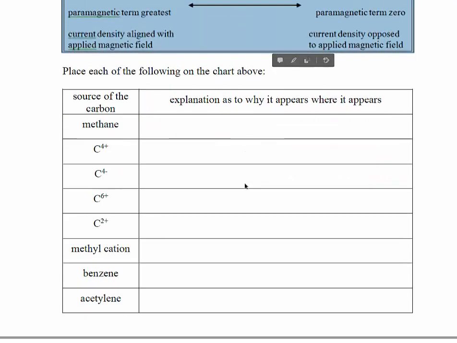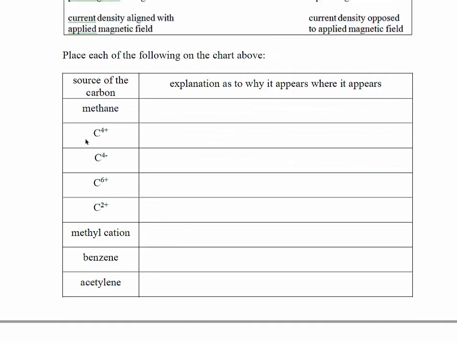Here are the 8 things: methane, C4+, C4-, C6+, C2+, methyl cation, benzene, and acetylene. Can you locate these items on the spectrum? Give it a try and give a brief explanation as to why you picked that.